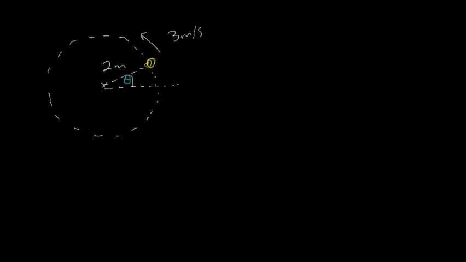I can imagine my reference direction to be, for example, the x-axis, so this will be the x direction, and I can think of the center here as the origin. I'll call that O. So theta is the angular displacement, and that describes the position of the ball.